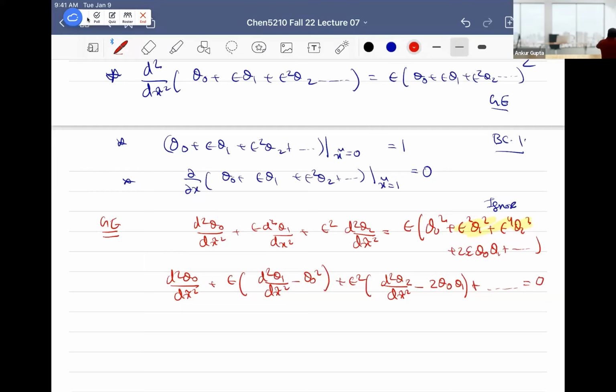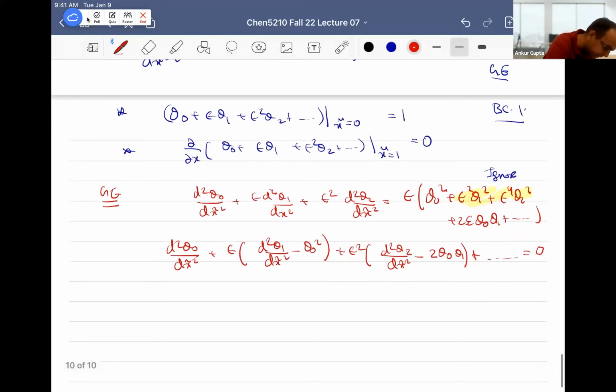Great. So the point is that what we have to enforce is that each term has to go to zero, because epsilon is a physical parameter, so each order will be satisfied. Once you have collected all the terms, you say this is equal to zero, this is equal to zero, and this is equal to zero.